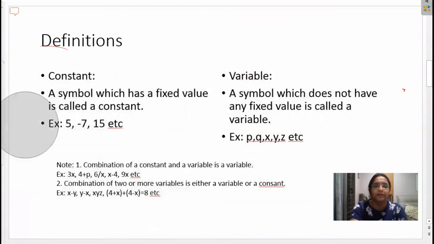Here the first definition is, what is a constant? We all know what constant means. Constant means it remains the same, it won't change.